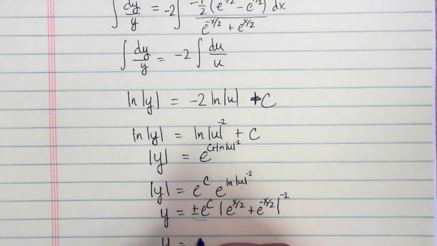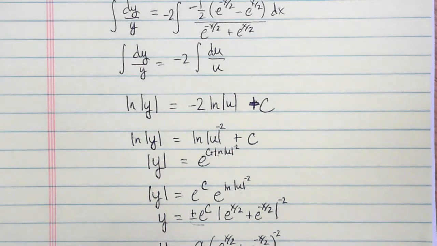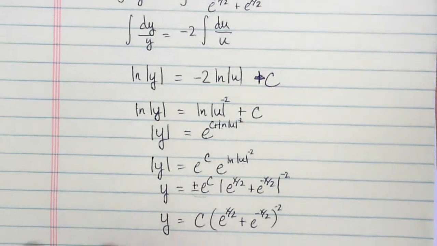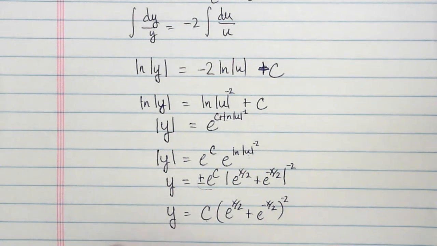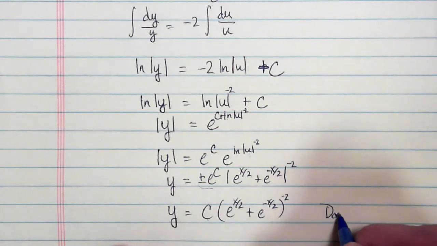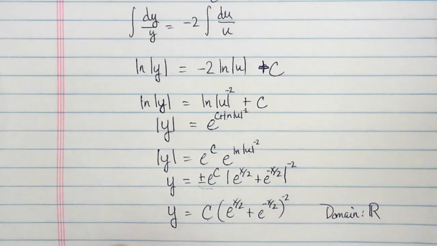And finally we get y equals c times e to the x over 2 plus e to the minus x over 2, whole thing to the negative 2. And that's going to be our answer for this differential equation, where c is an undetermined constant. Now it looks like the domain of the solution is going to be all real numbers.